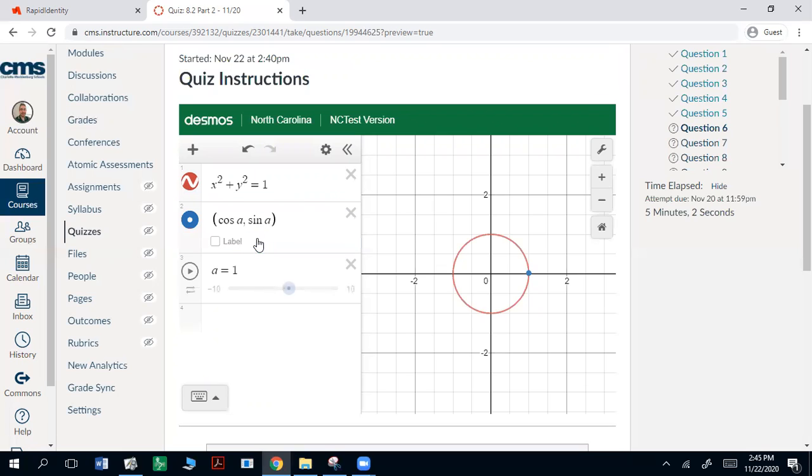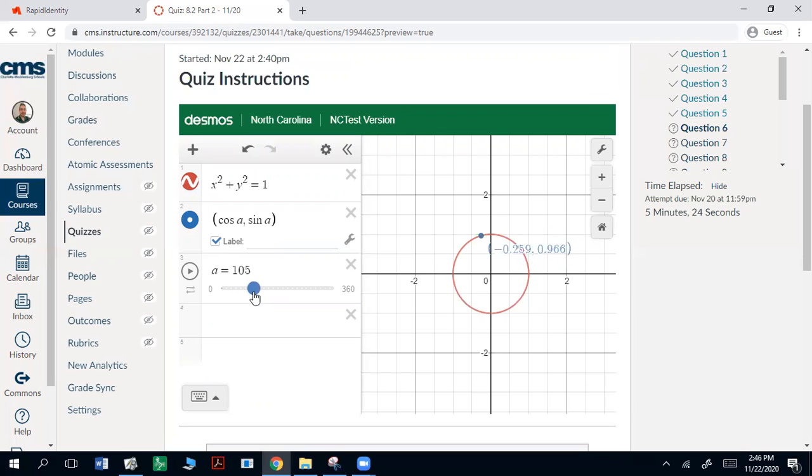We're going to add a slider, and we're going to make our slider go from 0 to 360, and we'll count by 15s. And so if I move that up here, let me label that. Look at the x and y value. They're both the same here, like we just did.